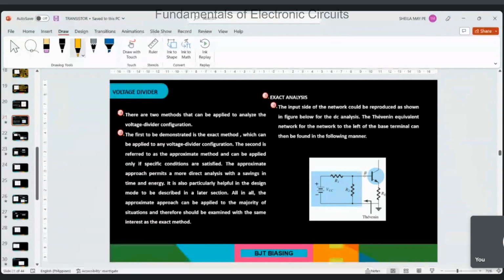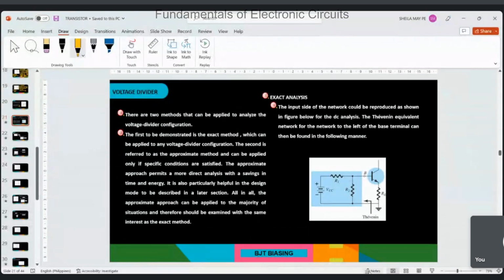It is also particularly helpful in the design mode, to be described in a later section. All in all, the approximate approach can be applied to the majority of situations, and therefore should be examined with the same interest as the exact method.